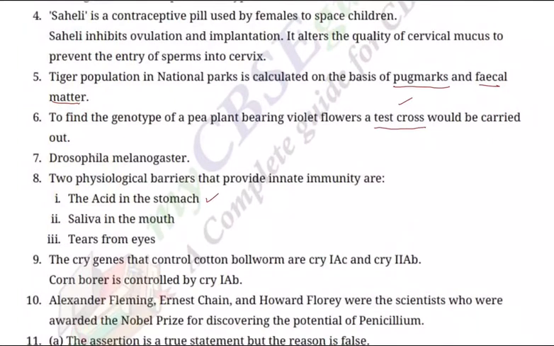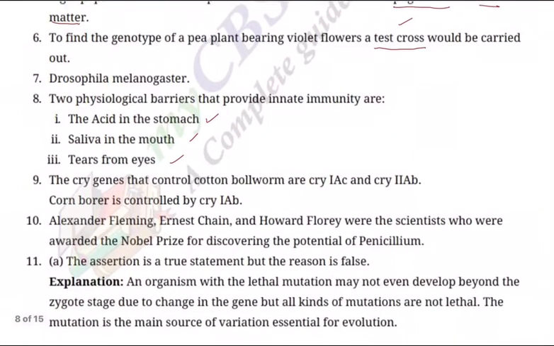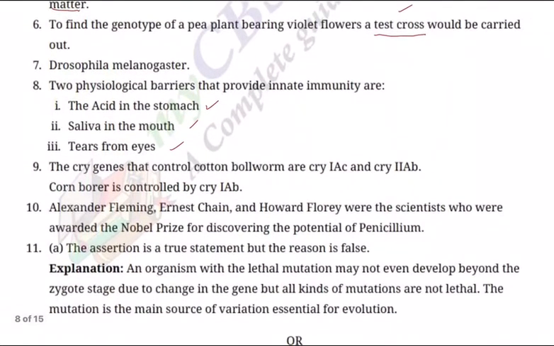Question 8. 2 physiological barriers that provide innate immunity are: the acid in the stomach, HCl, that is produced in the stomach, saliva in the mouth, and the tears from the eyes. Question 9. The cry genes that control cotton bollworm are Cry1AC, Cry2AB.